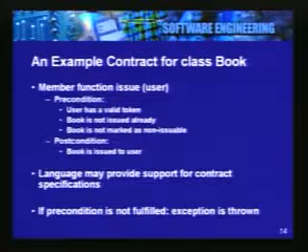So, these constraints which must be satisfied before the member function is invoked are called preconditions. And then you have post conditions, which are the guarantees given by this member function after it is dispatched and completed, that the book is issued to the user. So, unless the preconditions are satisfied, this method is not dispatched, issue is not done, otherwise it is directly returned to the caller on failure of any of these preconditions.